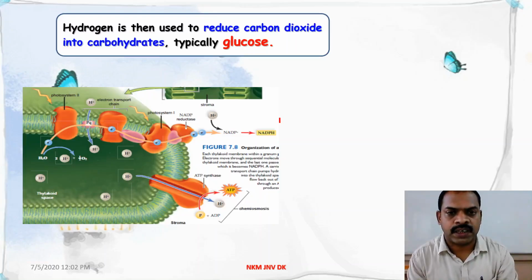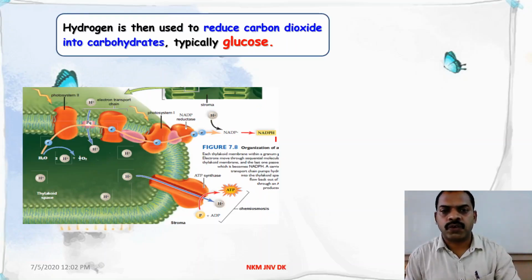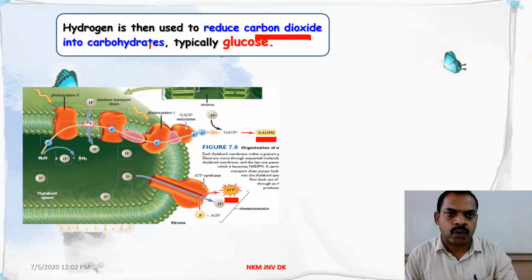We will discuss it in detail next year as the Calvin cycle. This hydrogen is directly used to produce NADPH as well as ATP. These two are the energy currency in the plant. By using NADPH and ATP, they can reduce carbon dioxide into carbohydrate.